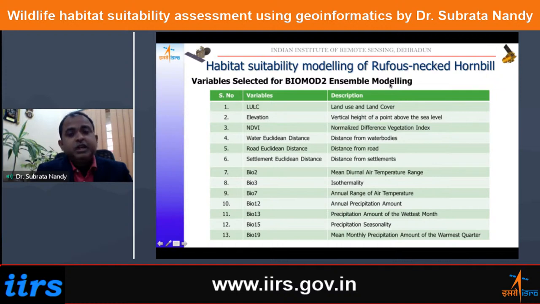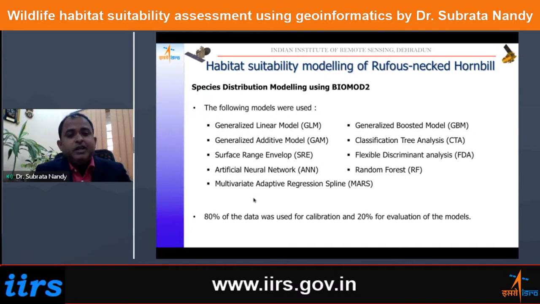These variables were then used as an input to this biomod2 ensemble modeling. Biomod2 is done in the R package, R environment. So the biomod2 ensemble model was used in this case, and these layers were the input variables. The models generally used in biomod2 are generalized linear model, generalized additive model, surface range envelope, artificial neural network, generalized boosted model, classification and regression tree analysis, flexible discriminant analysis, random forest, and multivariate adaptive regression spline.